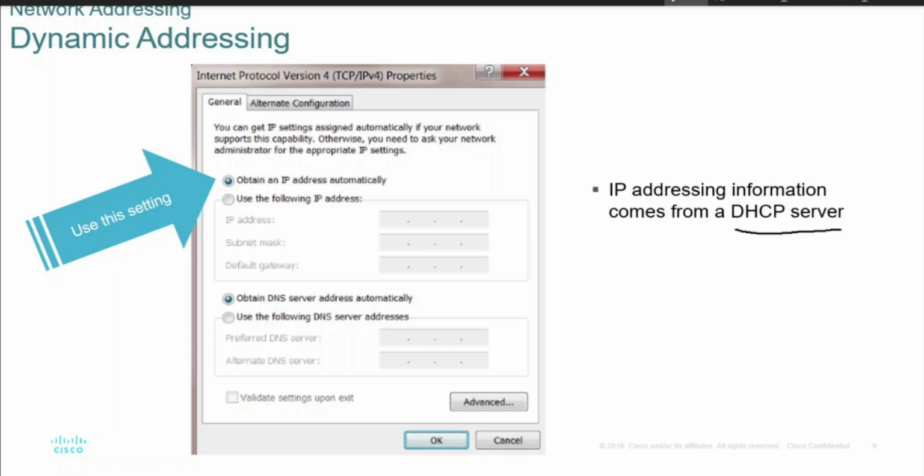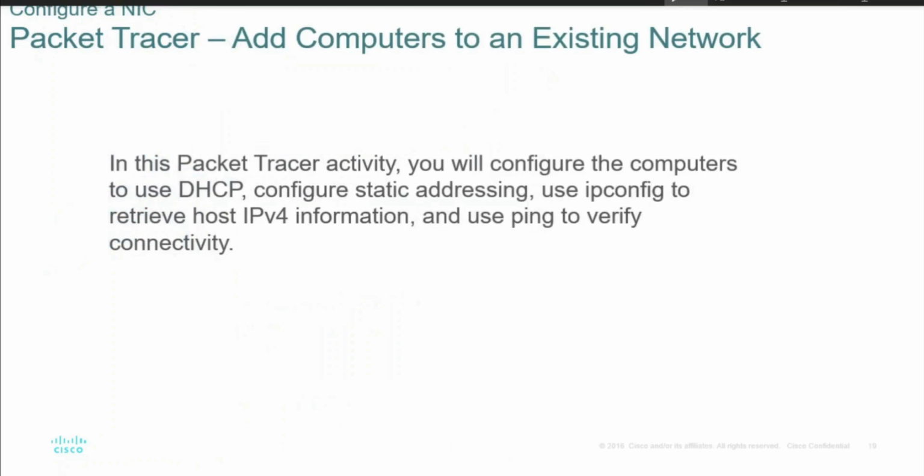It is a mechanism by which your computer gets the IP address from a server known as a DHCP server. The IP address, the subnet mask, the default gateway, the DNS server, everything will be assigned to your computer automatically. The user need not enter anything, and that type of addressing is known as dynamic addressing.